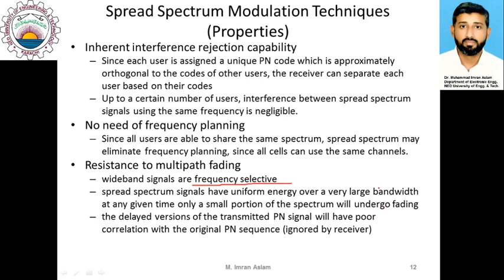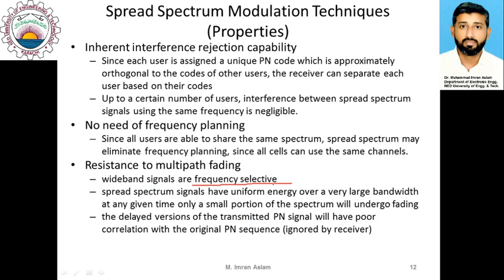Whenever they pass through a channel and there is an effect of fading, that fading affects a specific band of the wideband signal, so it does not affect the entire signal, only a small portion of it, and when it is de-spread, that effect in the small portion becomes insignificant.